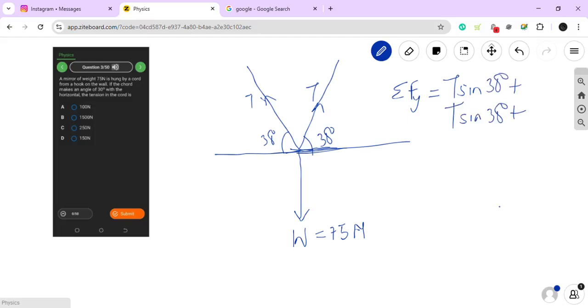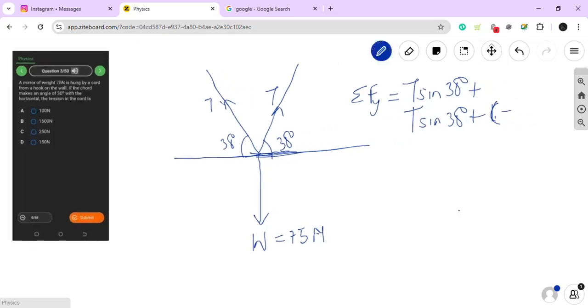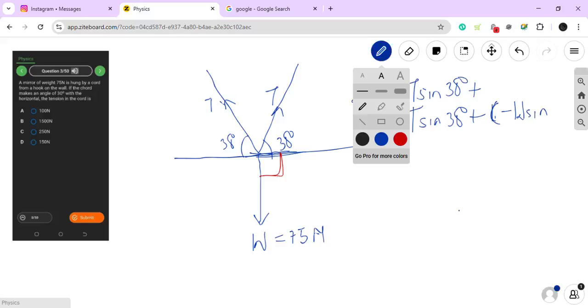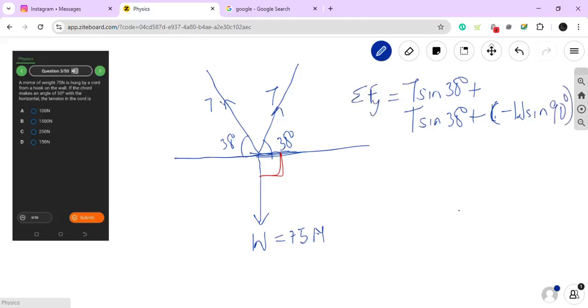Then the downward part is W, which, because it is downward, you take as negative, so that's minus W sine of the angle between this line and the horizontal, which is 90 degrees. So my summation Fy is T sine 30 plus another T sine 30 minus W sine 90.